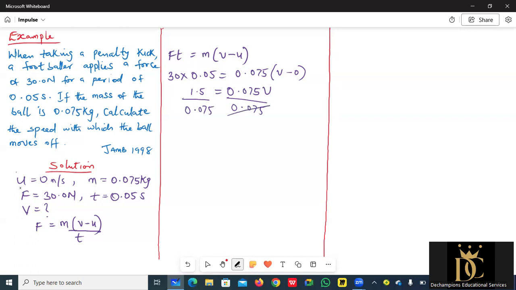So we can say V is equal to 1.5 over 0.075.